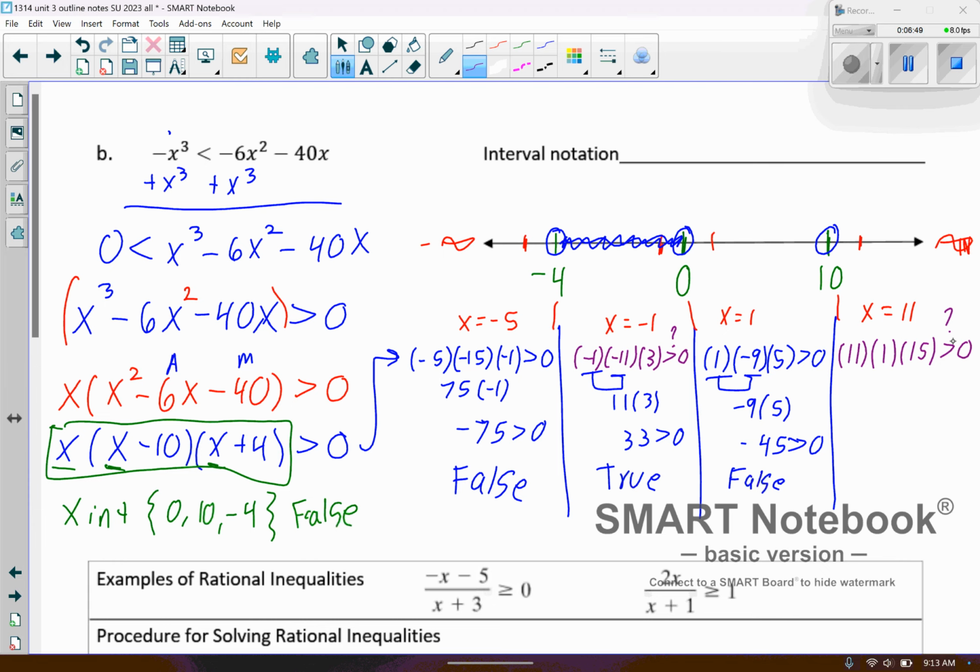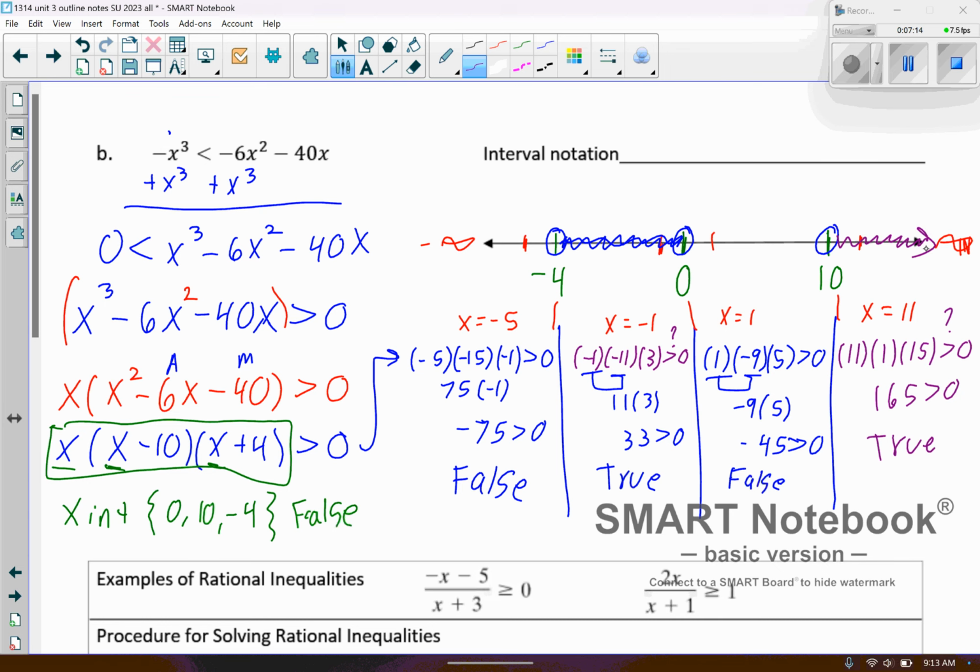When we multiply that all together, we're going to get a positive number. What is that? I think it's 165. Yeah, 165 is greater than 0. Yep, that's true. And so we'll go ahead and shade that part of it.